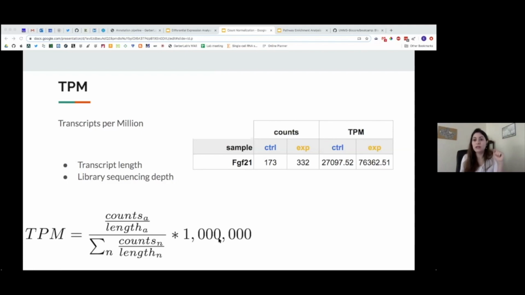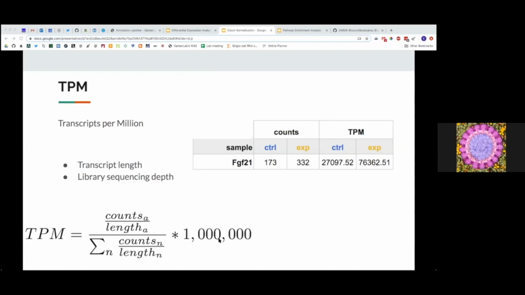Okay, so transcripts per million. Yeah, transcripts per million measures the relative abundance and takes care of the length of the transcript. Counts per million or reads per million is just normalizing by library depth. So it's a different metric.